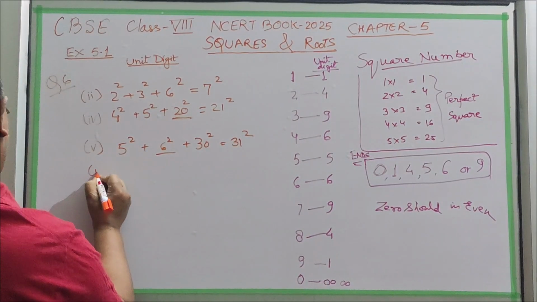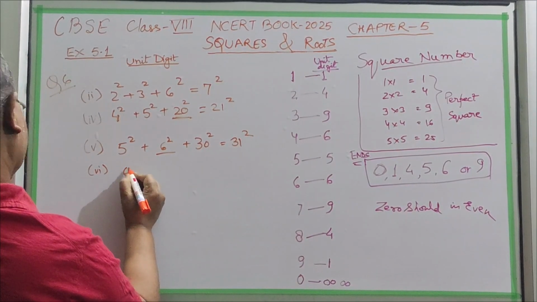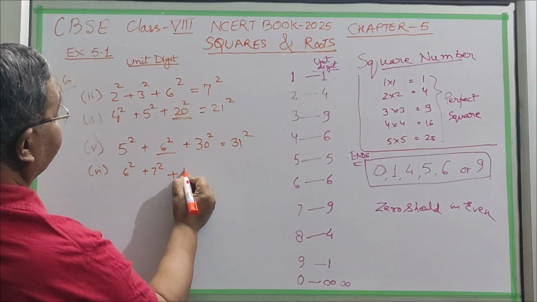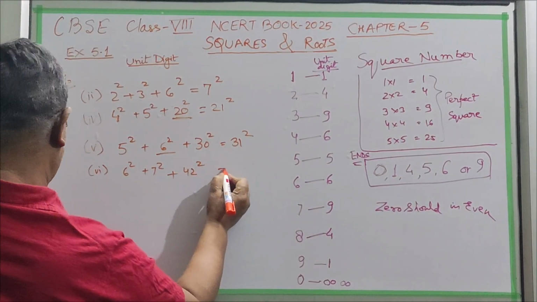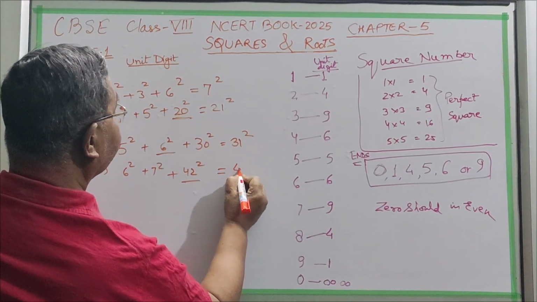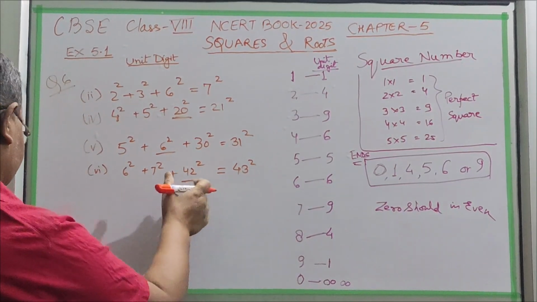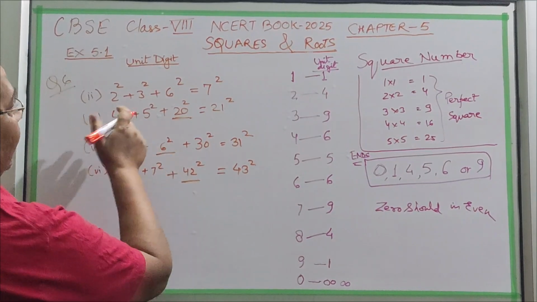Okay, and the last: 6 square plus 7 square plus 6 times 7 is 42 square would be equal to 43 square. Okay, so this is also a peculiarity of our square number.